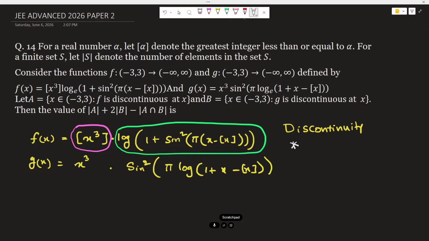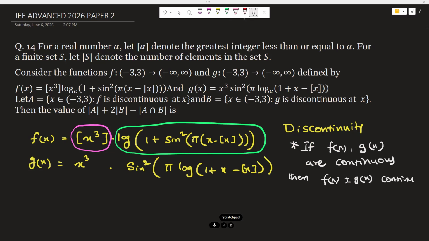We know in theory, if f of x and g of x are continuous, then f of x plus or minus g of x is continuous, and also f of x multiplied by g of x is also continuous, and also f of x by g of x is also continuous, but g of x not equal to 0.